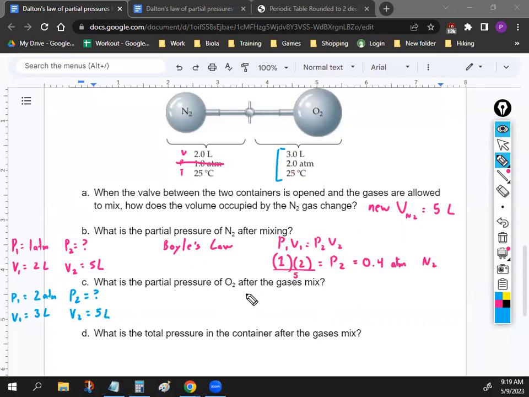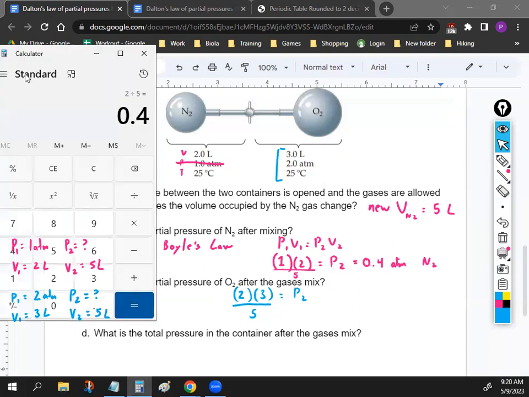Same thing, and from there, it's really easy to solve this, right? It's just Boyle's law. We're going to do P1 V1 equals P2 V2. So we're going to do 2 times 3 equals P2 times V2, and V2 is 5. In order to solve for P2, we just move 5 to the other side by dividing.